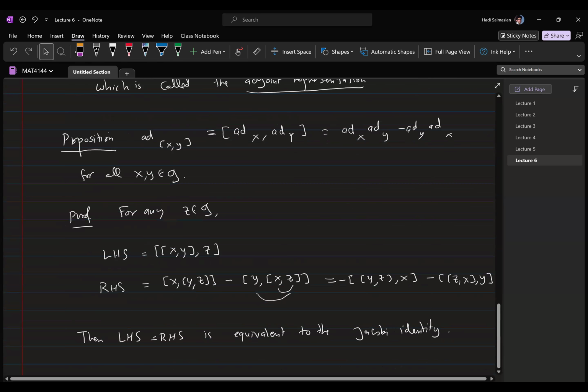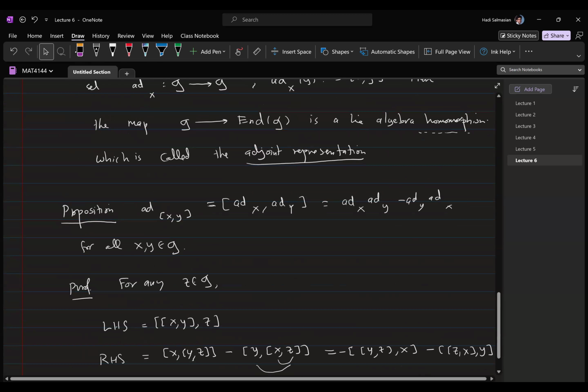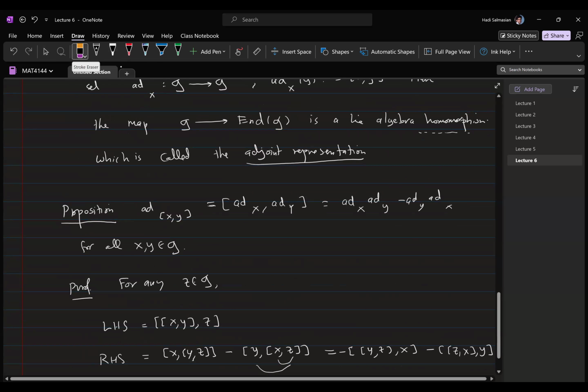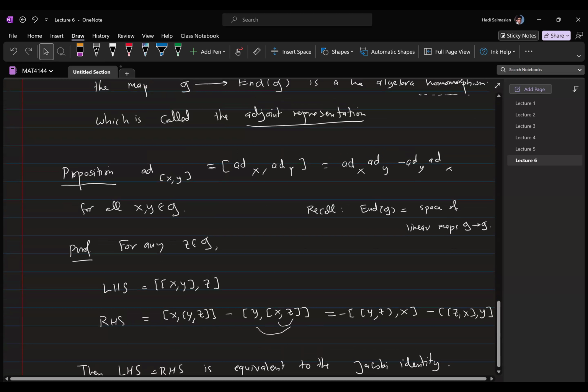And is End G going to be the same as the matrix algebra? Is that an isomorphism? Right. So what is End G? Maybe I should just recall. It's just the space of linear maps going from G to G. This is a vector space.